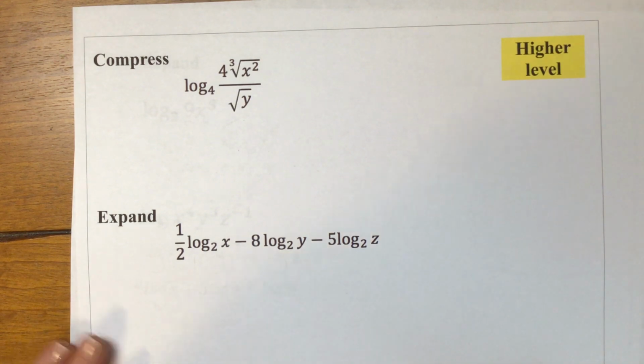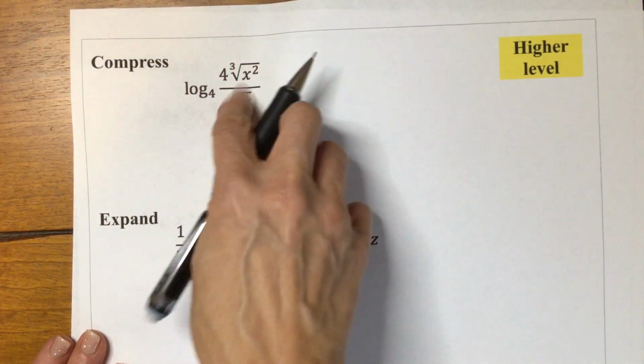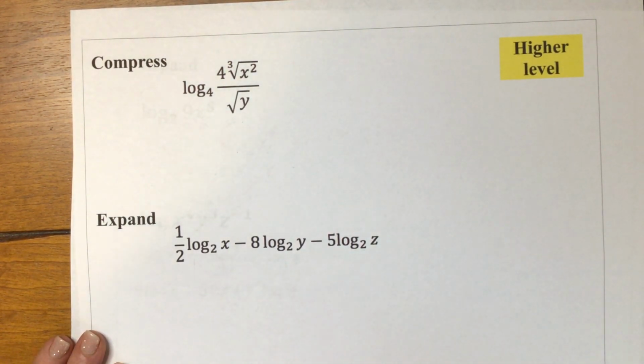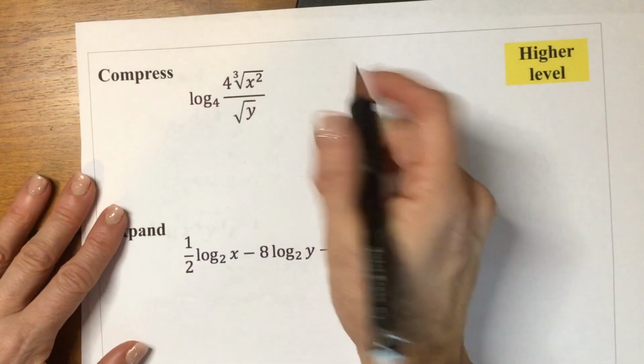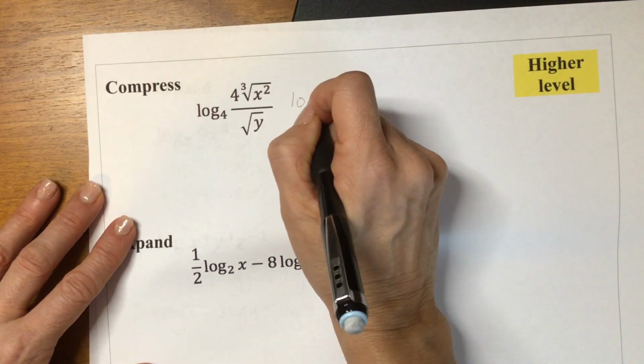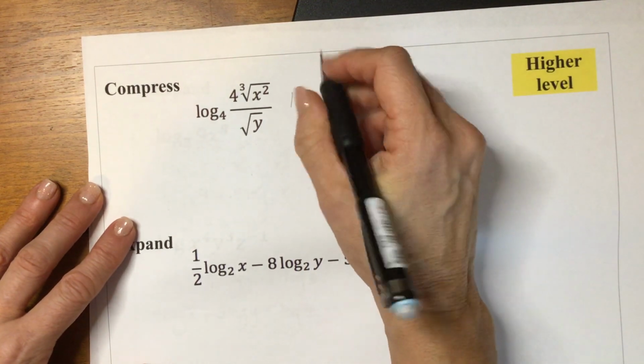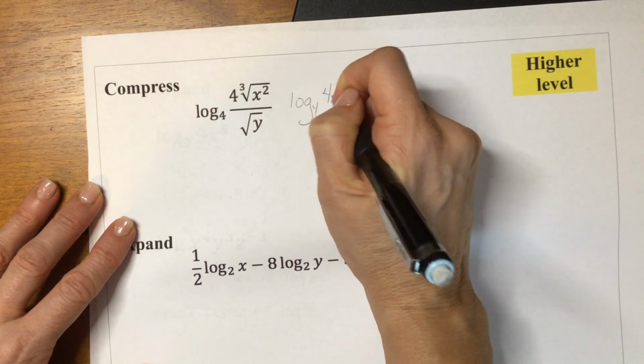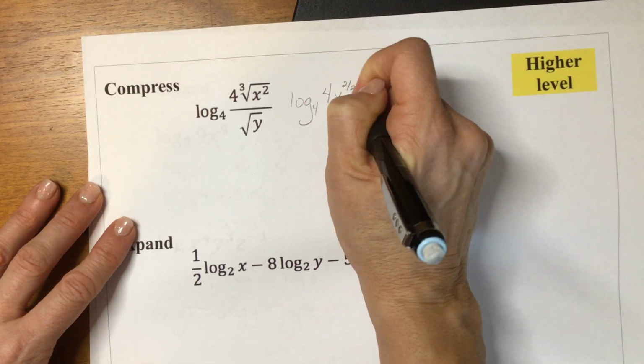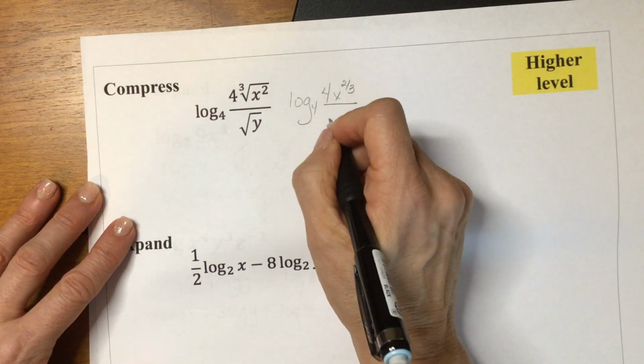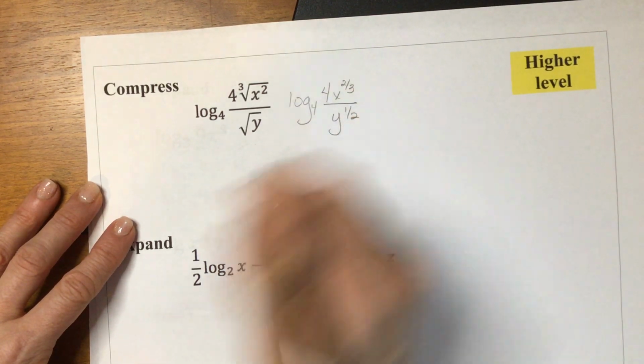All right, coming back, my first step would be to write my square root and my cubed root as fractional exponents. So log base 4 of, this is really going to be 4 times x to the 2/3 all over y to the 1/2.